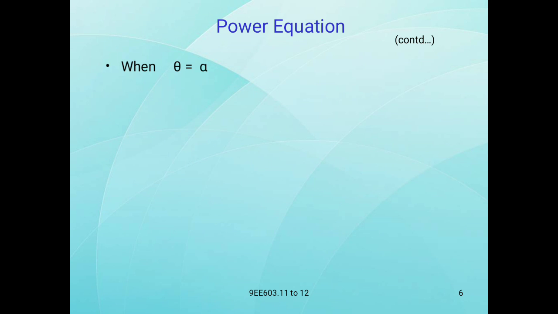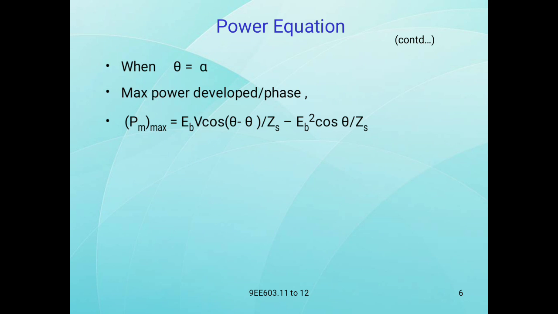Now when theta is equal to alpha, the maximum power developed per phase, Pm maximum, is EB V cos(theta minus alpha) by Zs minus EB square cos theta by Zs. Since alpha is nothing but theta, substituting, we get EB V by Zs minus EB square RA by Zs.